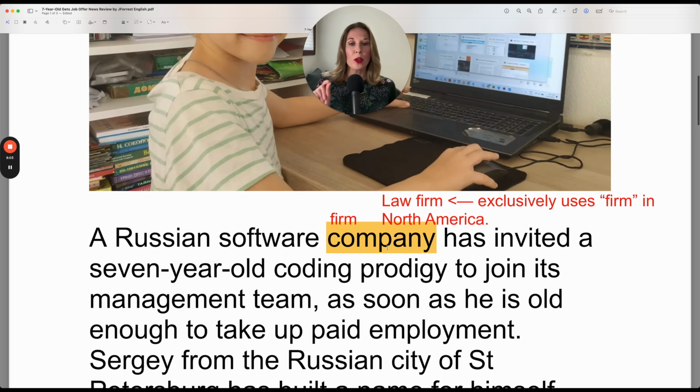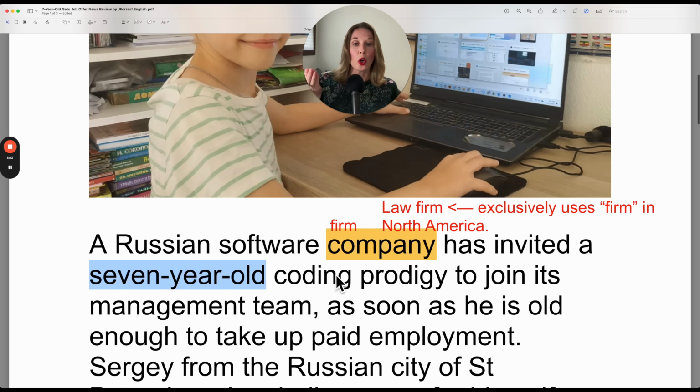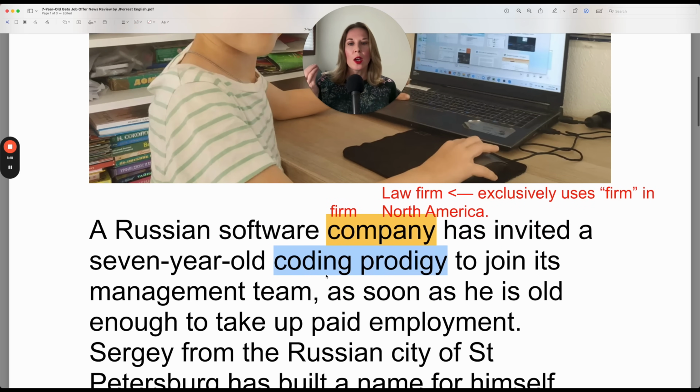"A Russian software company has invited a 7-year-old coding prodigy." So remember, this is an adjective that describes, in this case, coding prodigy, but you could replace this with the word boy who is a coding prodigy, boy who is 7 years old.